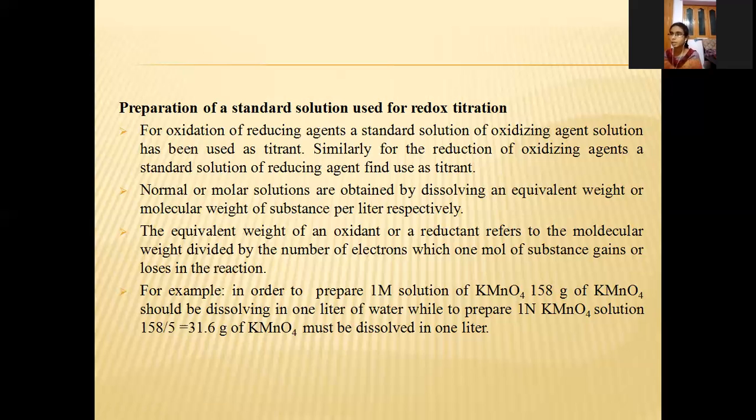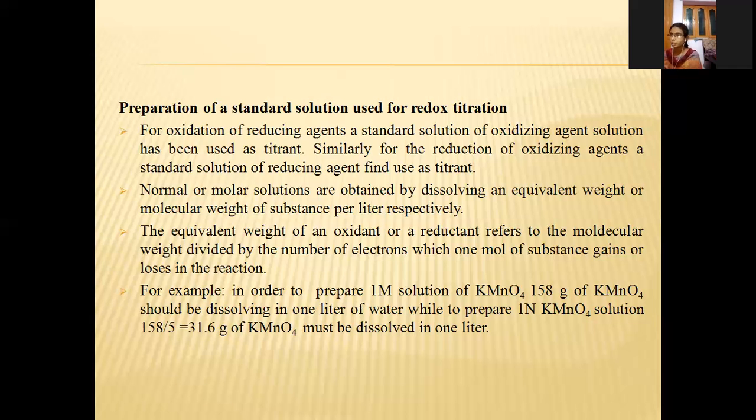Similarly, for the reduction of the oxidizing agent, the oxidizing agent should undergo the reduction process, so here we have to use the reducing agent as the titrant. It is the reverse process. If the reducing agent undergoes the oxidation process, we are using the oxidizing agent as the titrant.